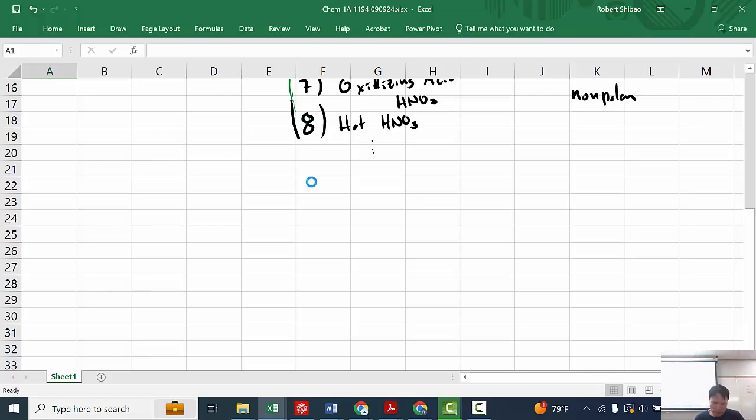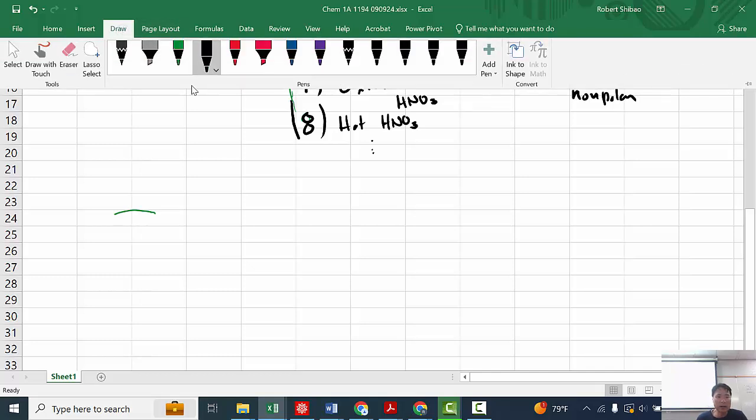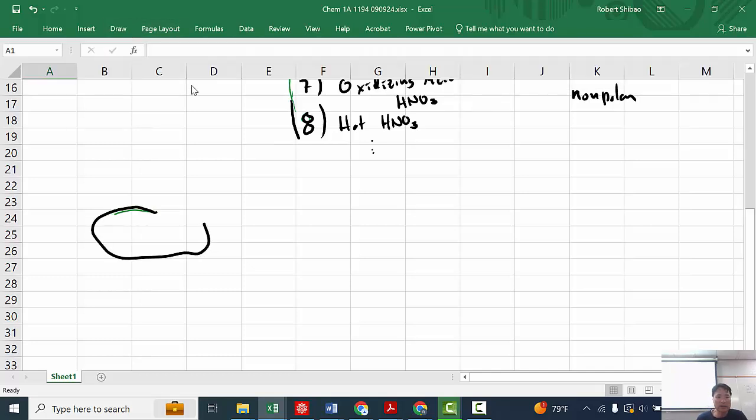So we take our unknown, and now what's unknown about it? We know it has sulfate. We just don't know how much sulfate this sample has, and we would just want to make sure we analyze this for its sulfate content. So take our unknown solid and then just dissolve this in water.